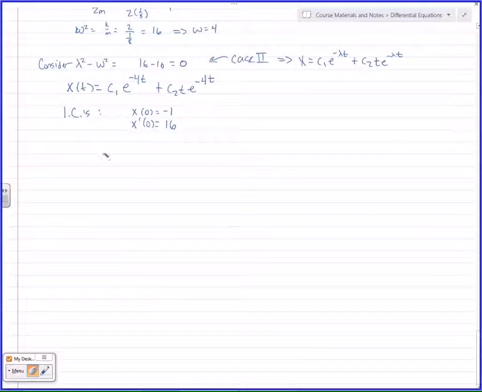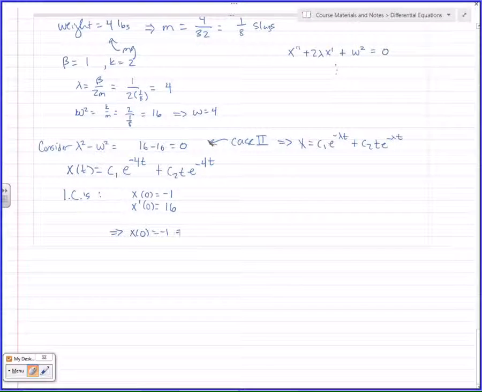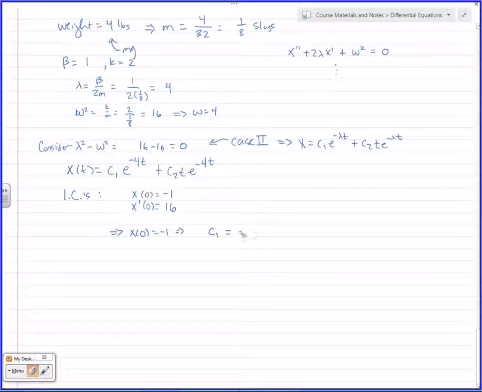And so now x of 0 equals negative 1 means, go back up a little bit. You plug in 0, you get c1, because 0 cancels out the second term. So all you've got is c1 times 1, so c1 then equals negative 1.